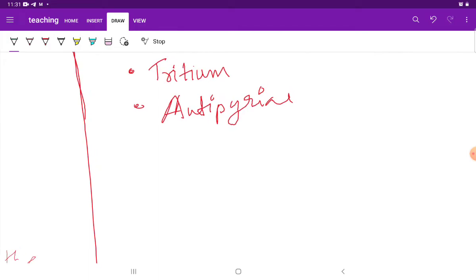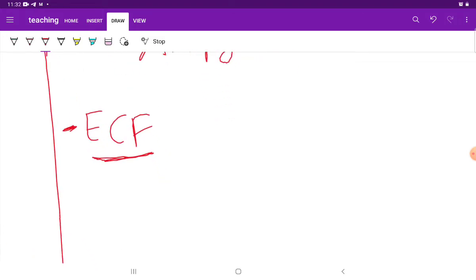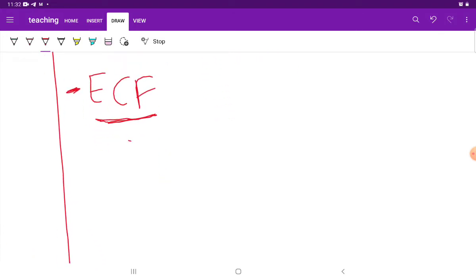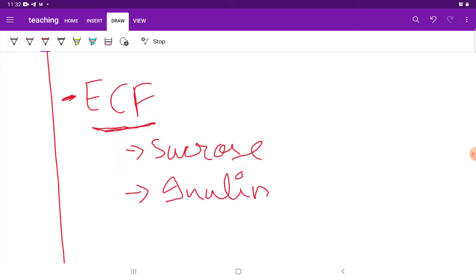Now let's talk about extracellular fluid. The dyes used here are basically non-metabolized saccharides: sucrose, inulin and mannitol are used.